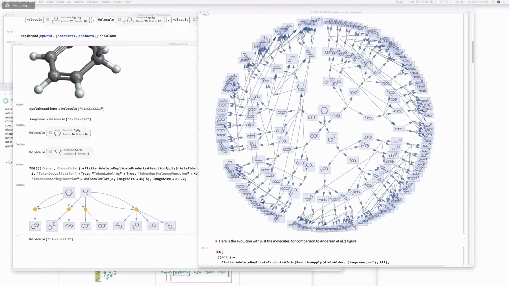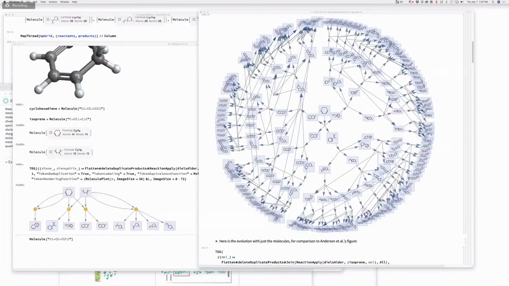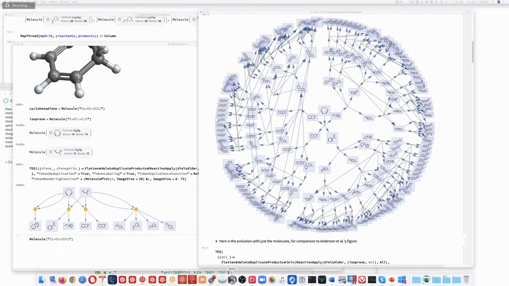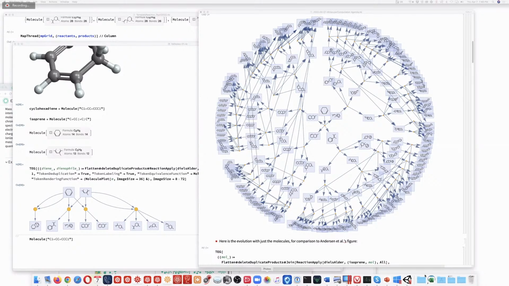Does anybody happen to know what was the name of that game? What was that called? Was it Nanoscape? Yes, I think that's right. Let me see whether this is installed on this machine. Yeah, Nanoscape. This could be very scary. What's about to happen?